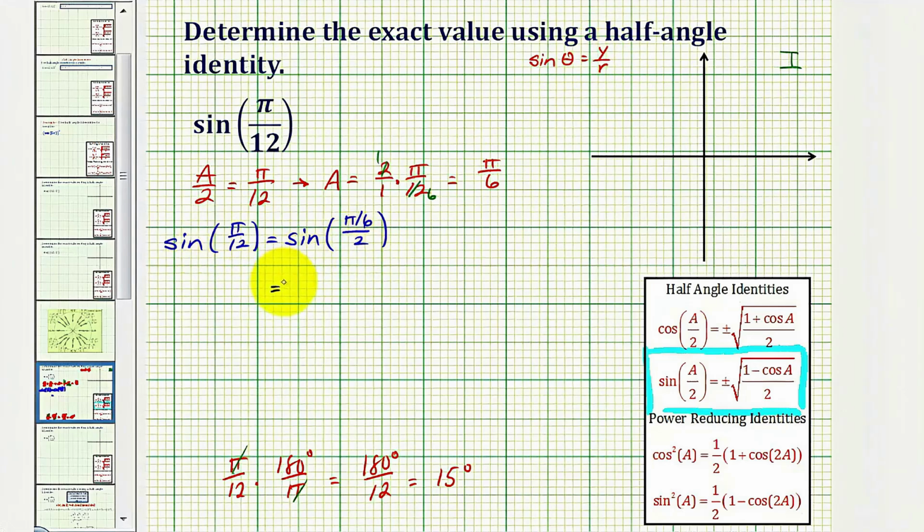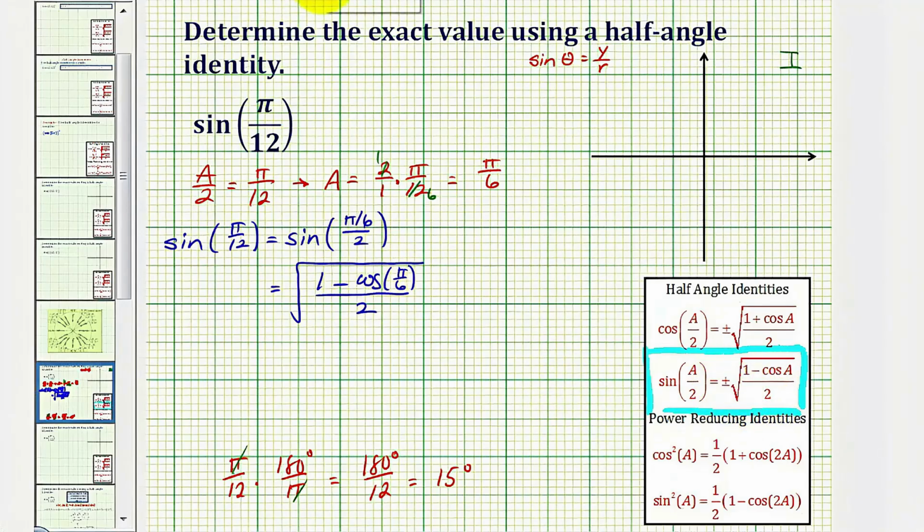And as we know, all of the trig function values are positive in the first quadrant. So we know we'll have a positive square root, and then we'll have 1 minus cosine a, which now we know is cosine pi over 6, and all this is divided by 2. Notice how the denominator of 2 is underneath the square root.